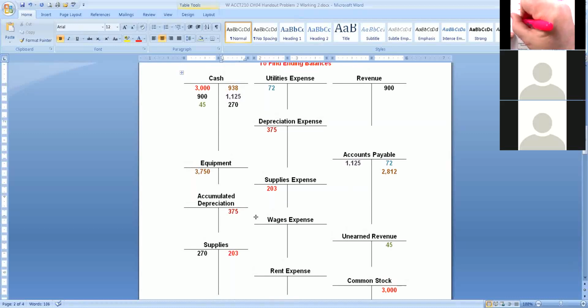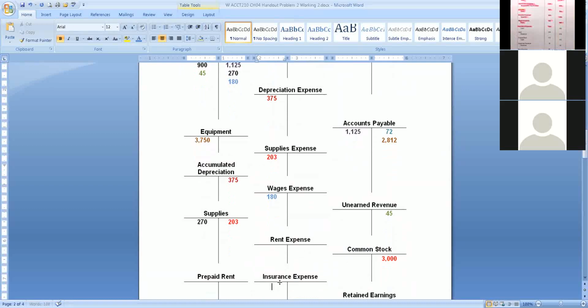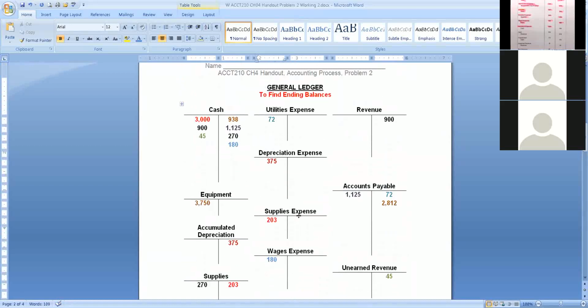Okay. Wages expense, 180. Cash, 180. Insurance expense, 108. Cash, 108.